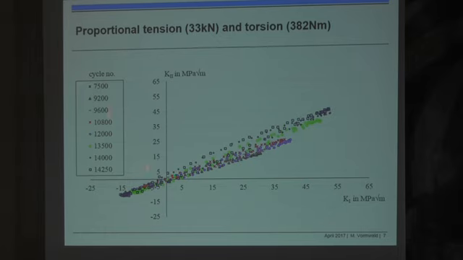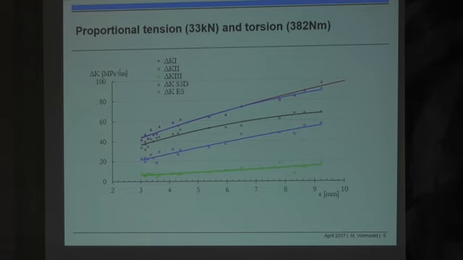And as the crack grows longer, then mode 2 comes in smoothly, and K2 increases, and here after maybe 14,000 cycles you have a considerable amount of K2 already present, and also, as I mentioned, K3. So this is the evolution of all these delta Ks, 1, 2, 3.